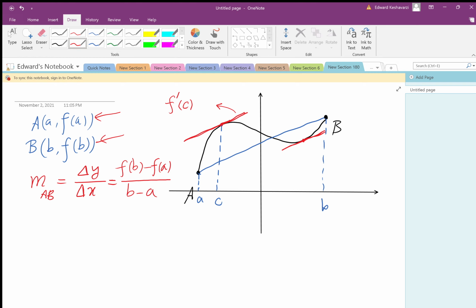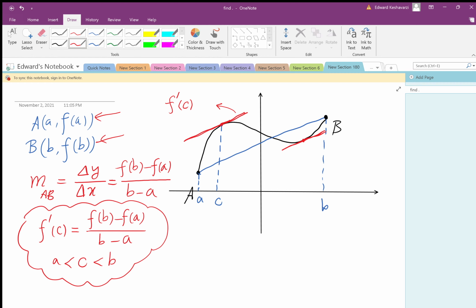Since the red lines and the blue one are parallel, they have the same slope. Therefore, there exists a c such that f prime c equals f of b minus f of a over b minus a. And c has to be between a and b.